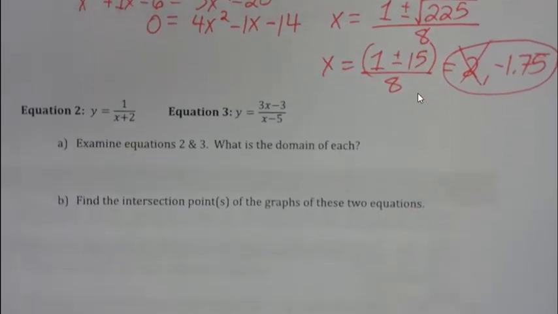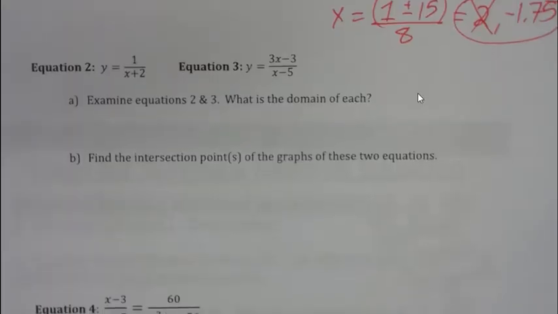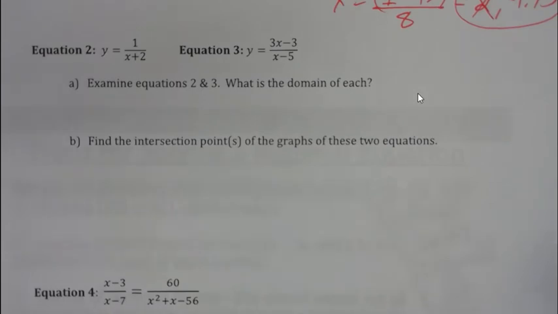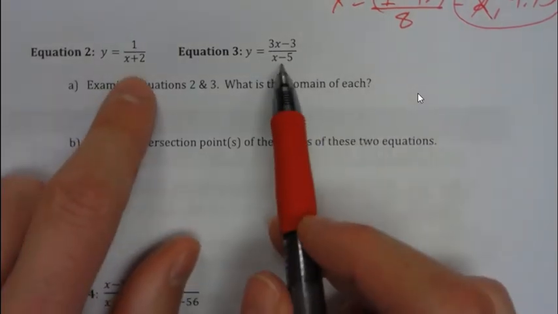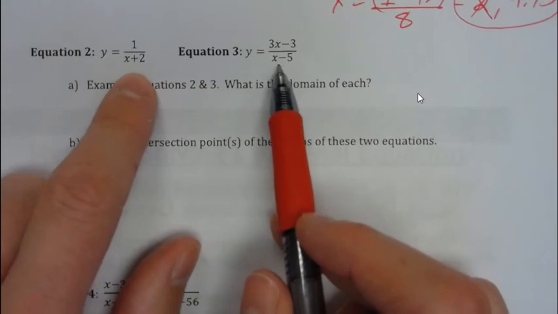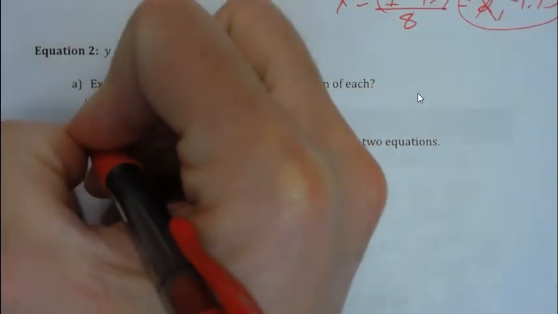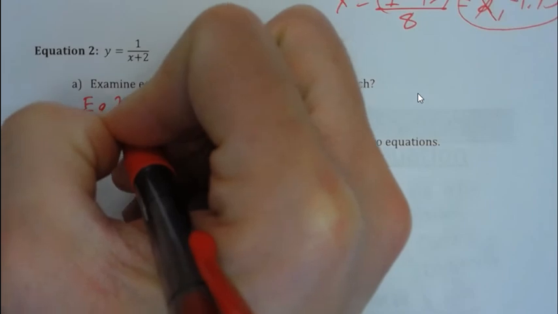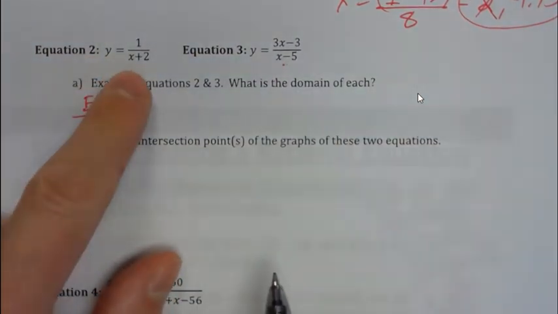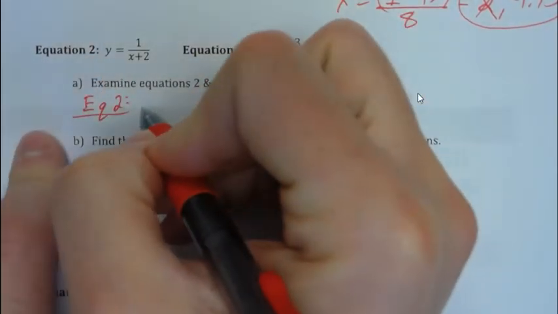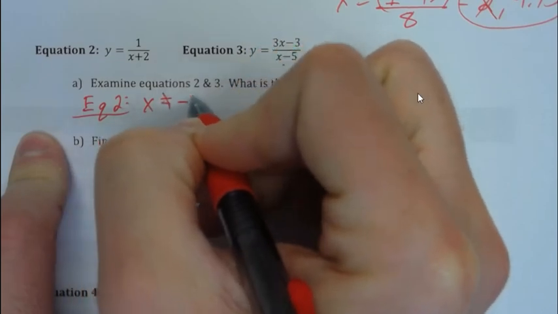Part 2. Like with any equation, you can use graphing as a method for solving. If we look at each of these two separately, we want to see what x's would make them both 0. For equation 2, we can't have x be negative 2. That would make the bottom 0. So x cannot equal negative 2.